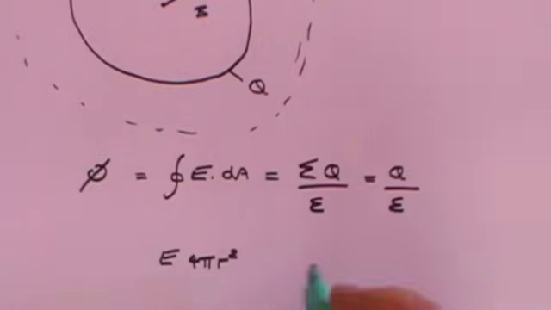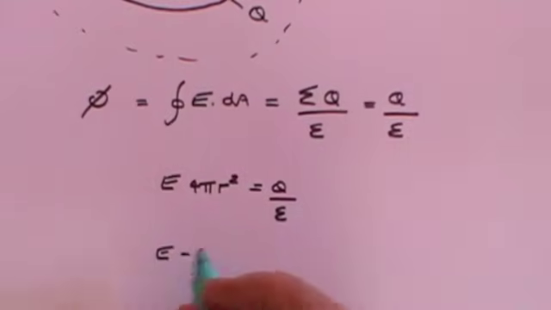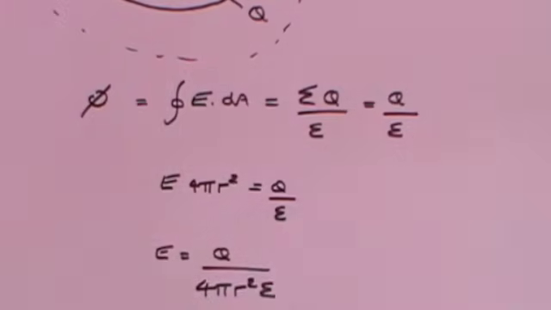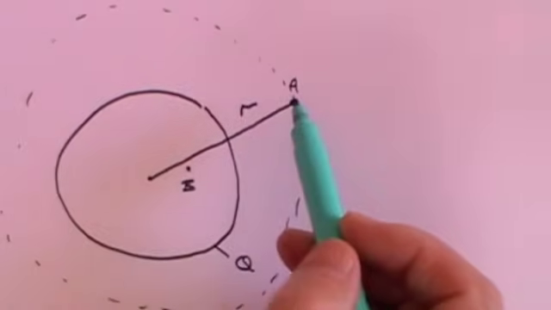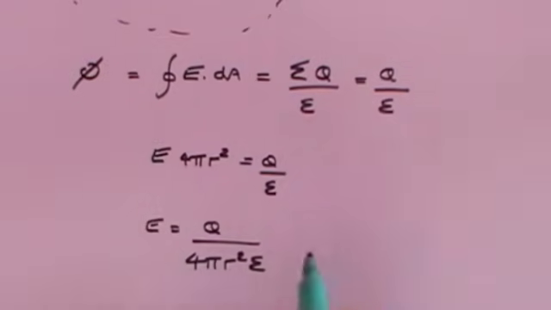E times 4 pi r squared equals Q over epsilon, which means that E is equal to, we'll divide both sides by 4 pi r squared, Q over 4 pi r squared epsilon. And that is the value of the field at point A. But look, that's rather interesting, because that is exactly the same as the value of the field would have been if that entire charge had been at the centre of the sphere.